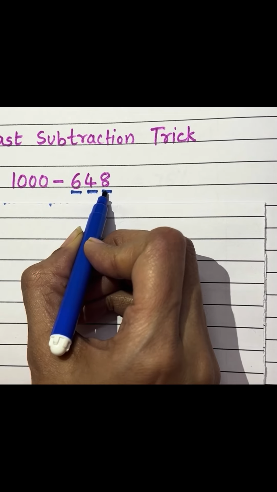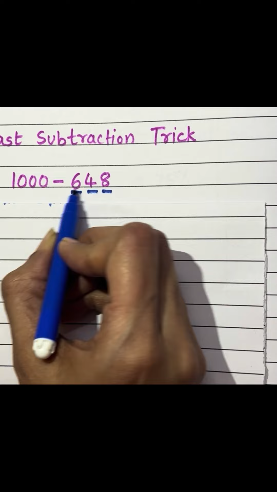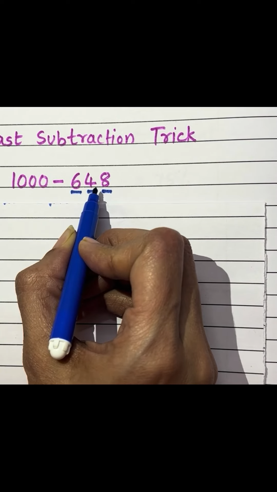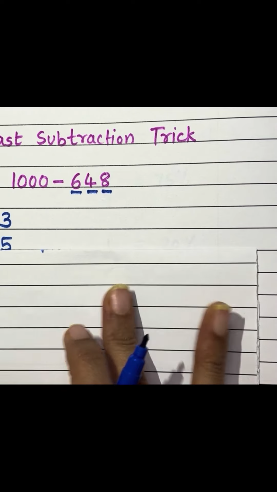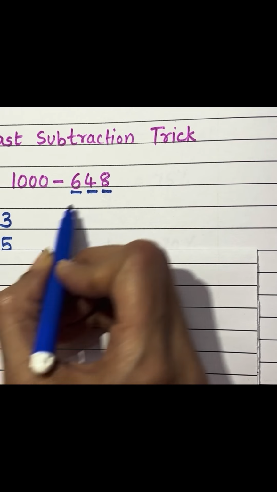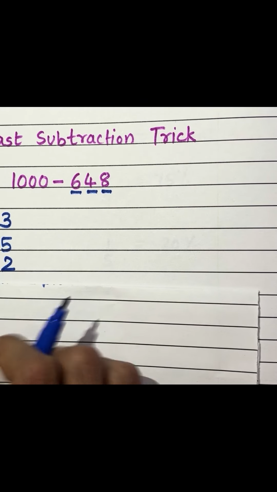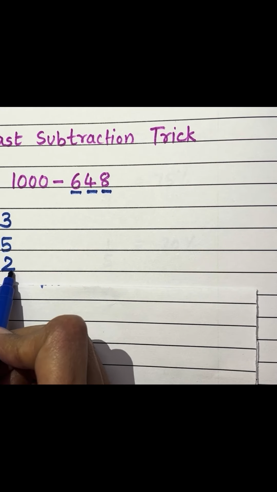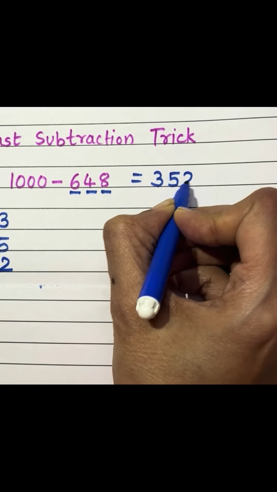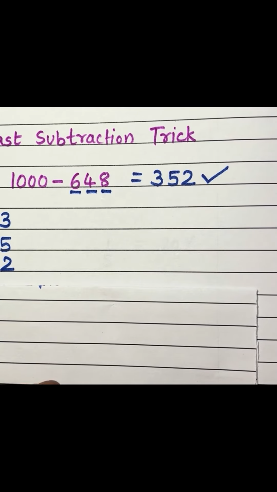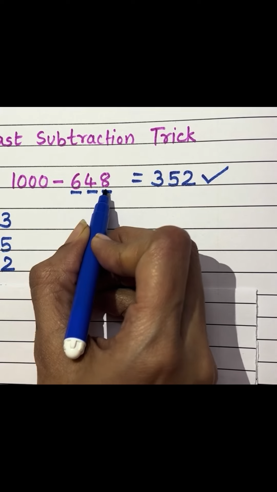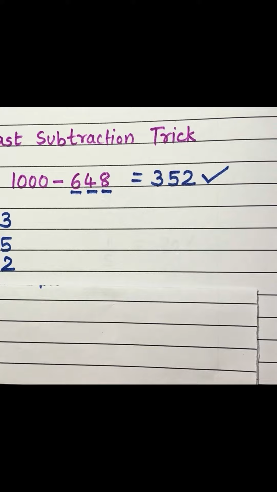The last digit we are going to subtract from 10; all the other digits we are going to subtract from 9. So 9 minus 6 is 3, 9 minus 4 is 5, and 10 minus 8 is 2. So your final answer is 352.